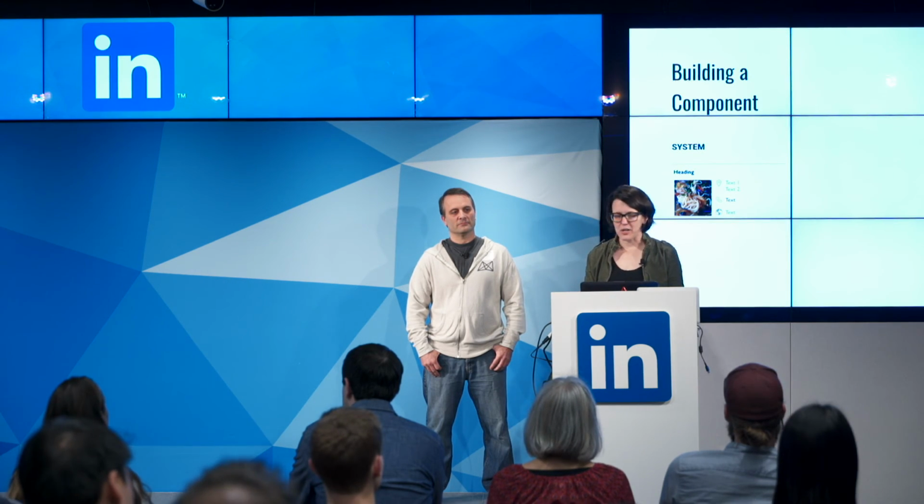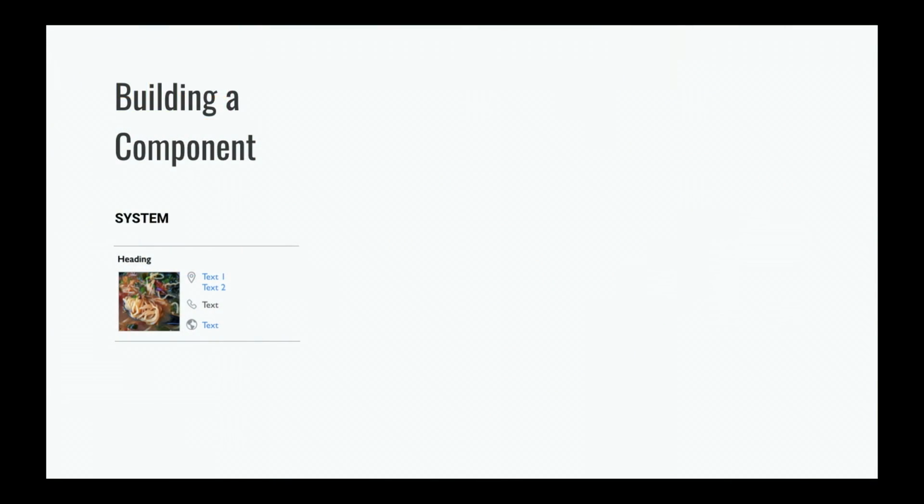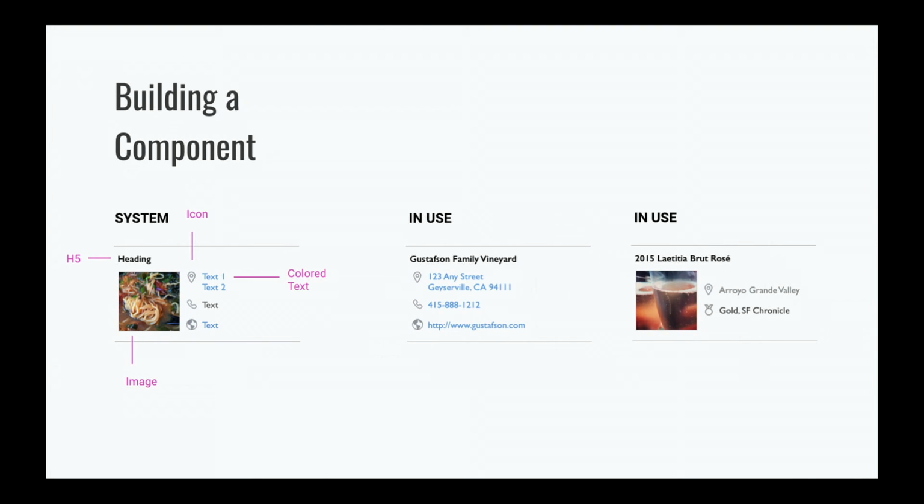All right. So here in the Acme system, it's a publishing company. We're going to build some wine reviews. Here's our first component. First, we'll use an H5. That's from our typography. An image, a 1x1 square here, and then an icon and some colored text. Now we can use this in 2 really interesting ways.